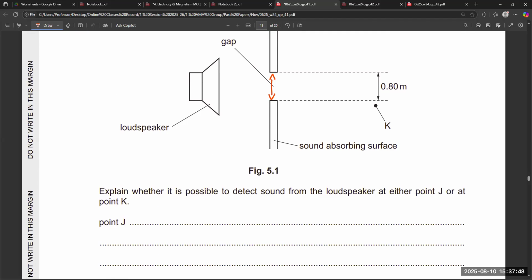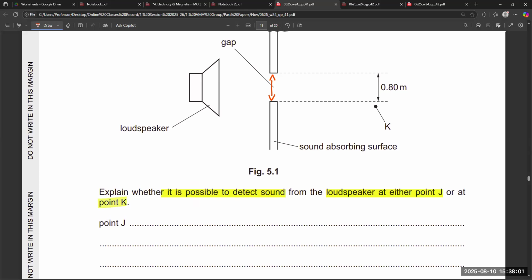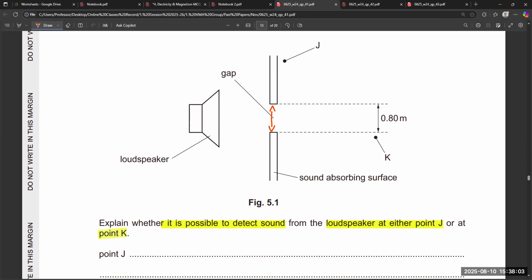Explain whether it is possible to detect sound from the loudspeaker at either point J or at point K. So they are talking about 2 points, either J or K. So according to the given diagram, at which point do you think it is possible to detect this sound?